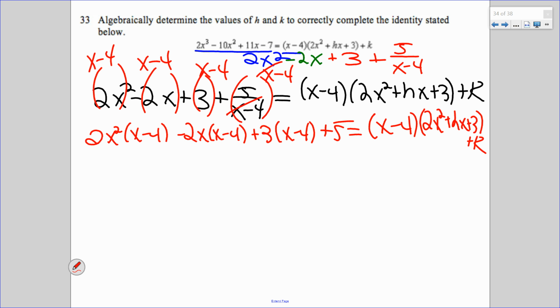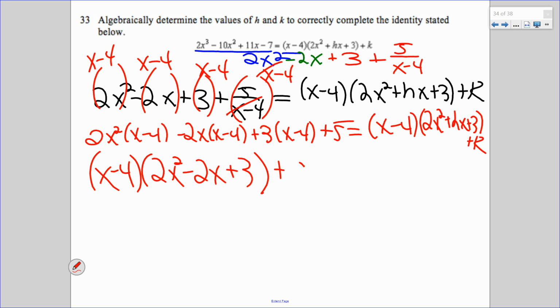Because I have an x minus 4 in all these terms, I can just factor that out. And I have x minus 4 times 2x squared minus 2x plus 3, plus 5.